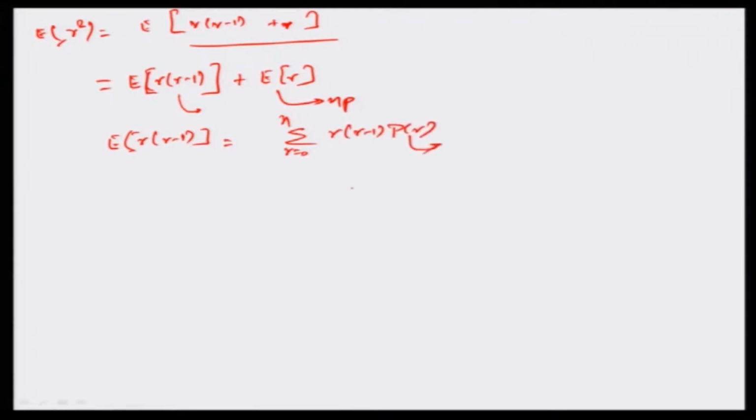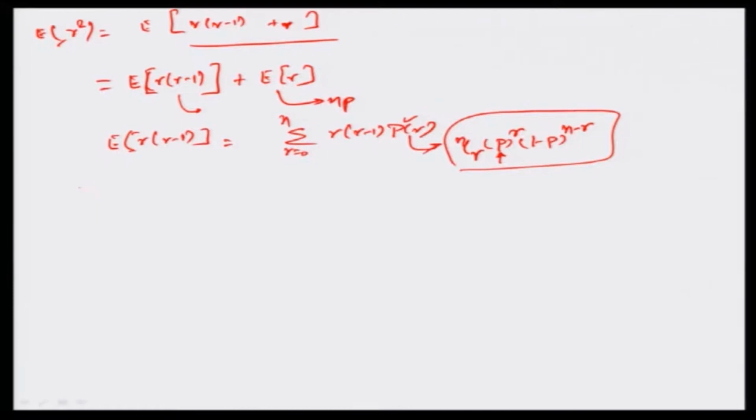And if I may recall, this probability of r is recorded as nCr p to the power of r, where p is the percentage defective, times 1 minus p to the power of n minus r. This is just the binomial distribution for r rejectables in a sample size of n, which is the probability of getting exactly r rejectables.